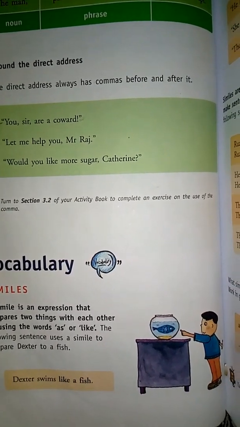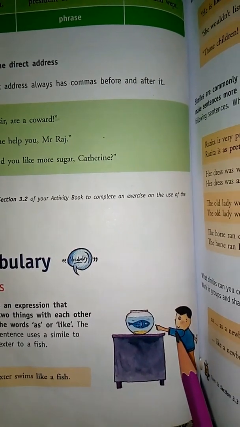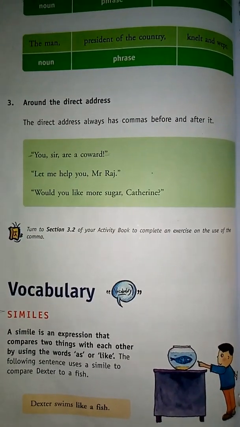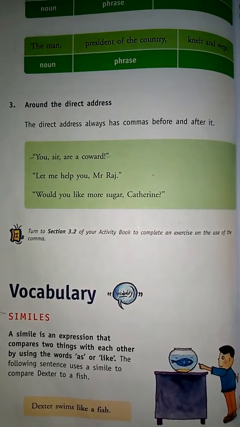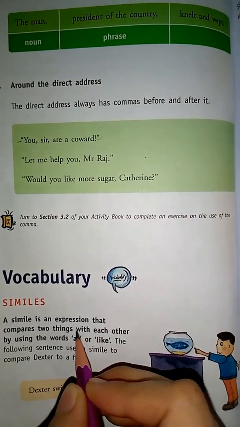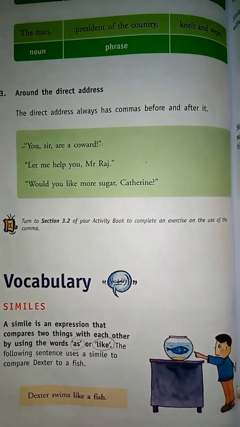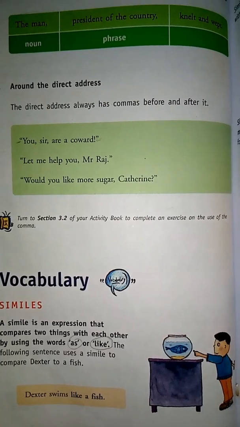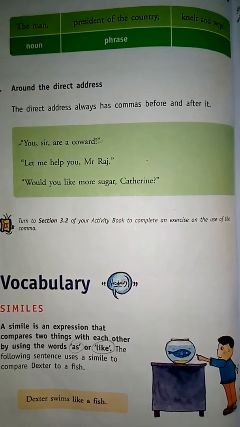It is showing that he is also very good at swimming. So similes are those expressions which compare two things with each other by using the words as and like.